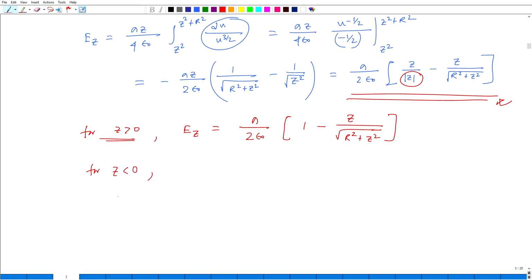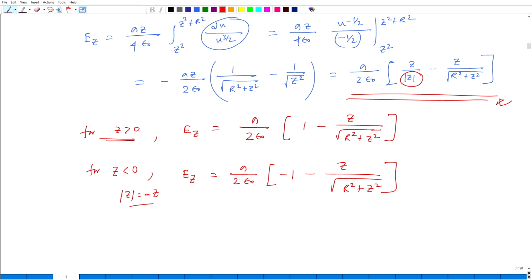Now in this case the mod z value becomes minus z, right. So, then Ez is sigma over 2 epsilon naught times minus 1 minus z over square root of r square plus z square. So, this mod z actually encodes the direction.